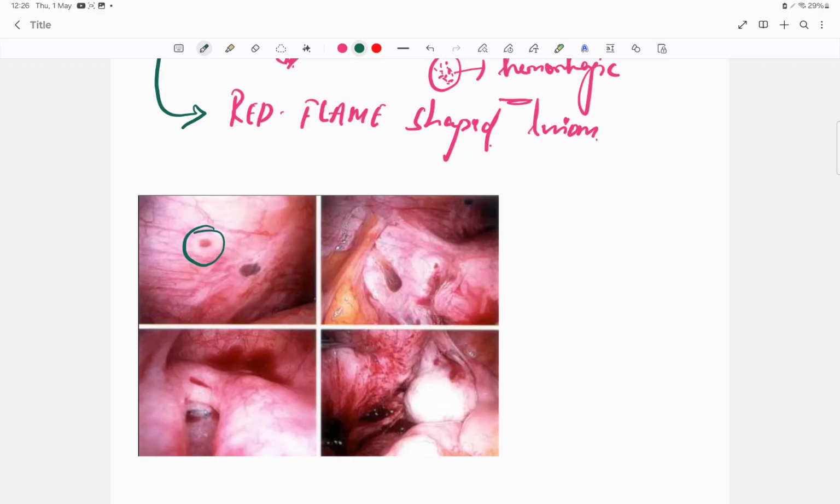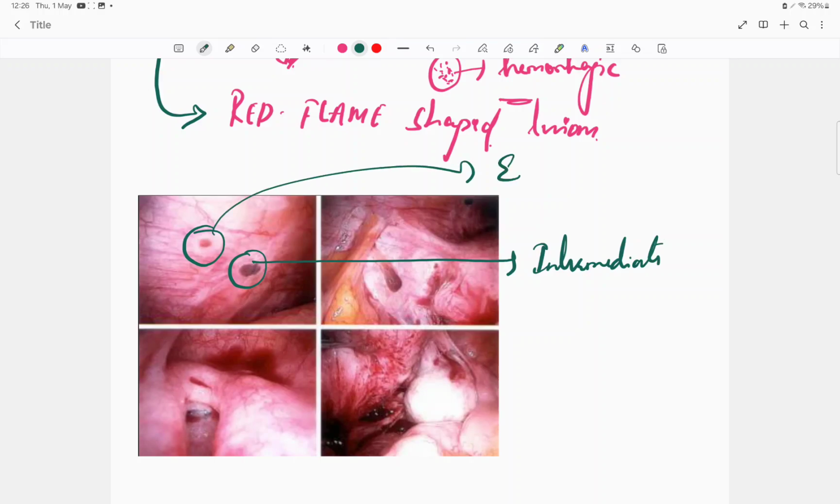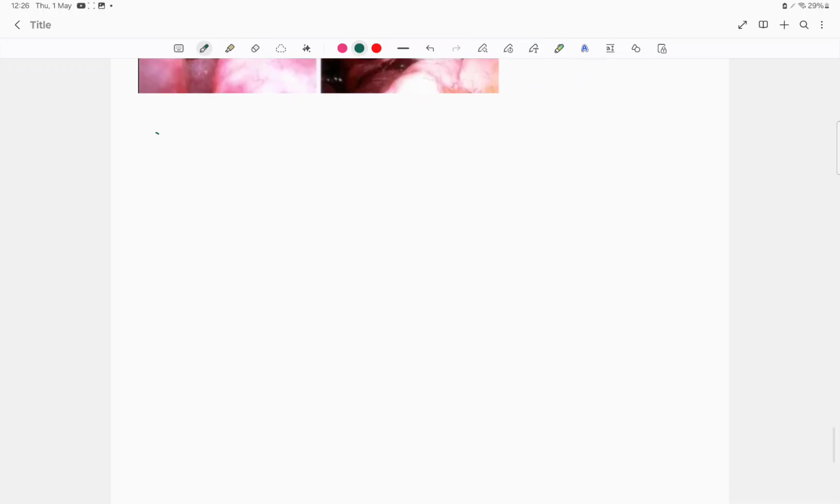So in intermediate lesions, what happens is the intermediate lesion basically appears as brown. So you can see this is an intermediate lesion, which is brown or bluish or black with time. This is intermediate, and this is early. So see, remember there is a hack. Early, intermediate, late.